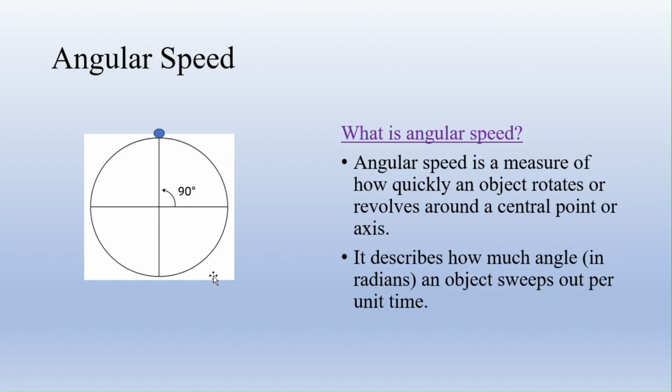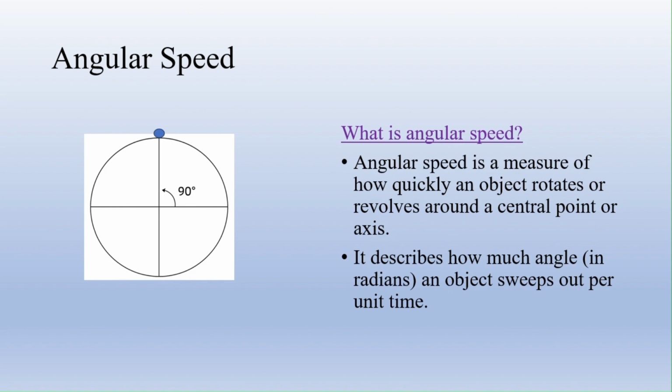And if it keeps going, it's moved through 180 degrees. So angular speed is basically how much angle is covered per second. When we're talking about uniform circular motion, angles are measured in radians, so it's how many radians are covered per second. This is what we mean when we talk about angular speed.